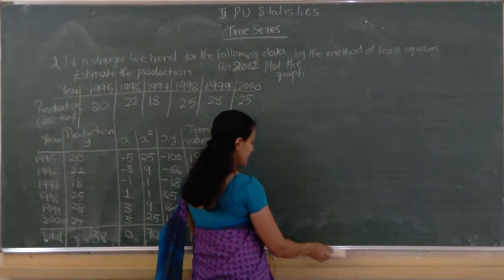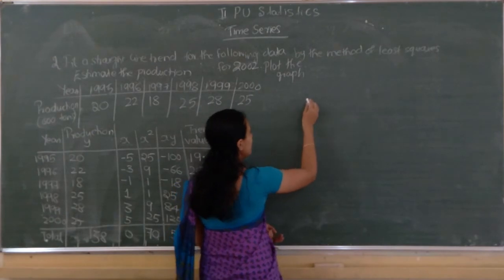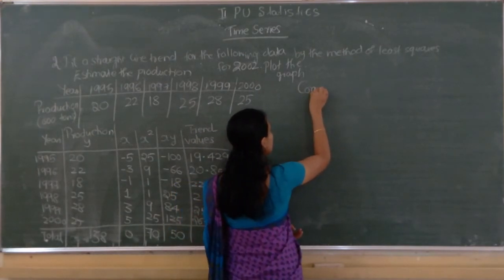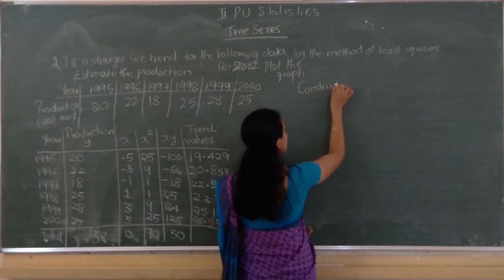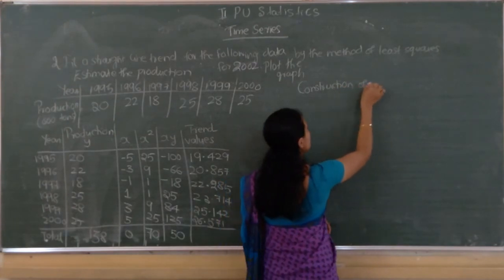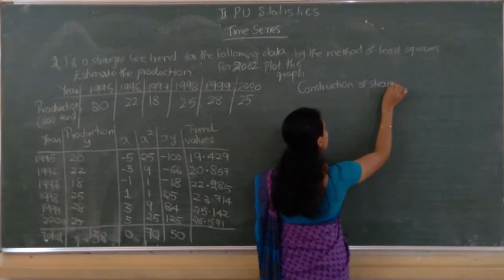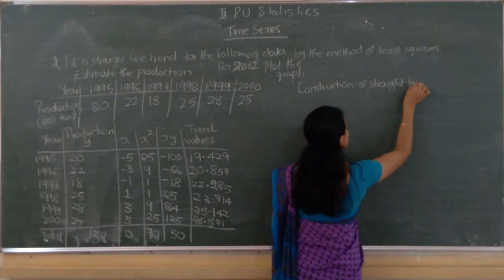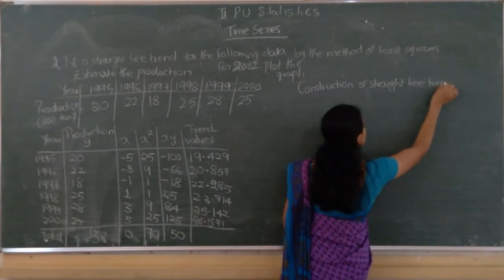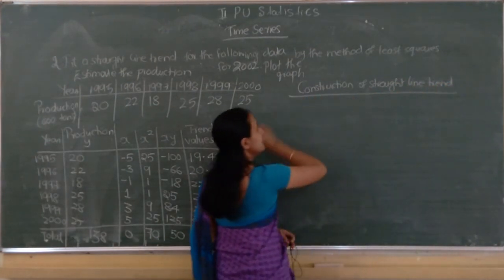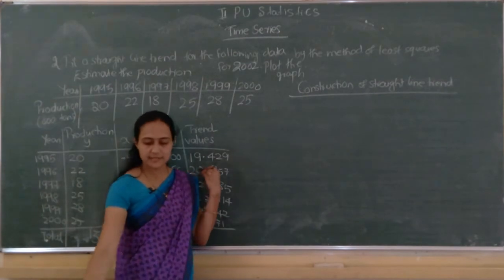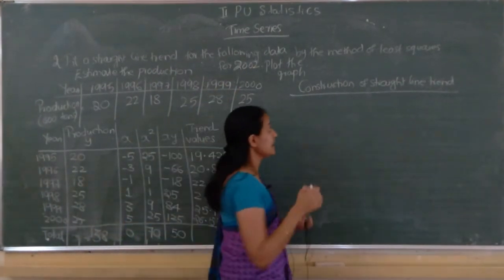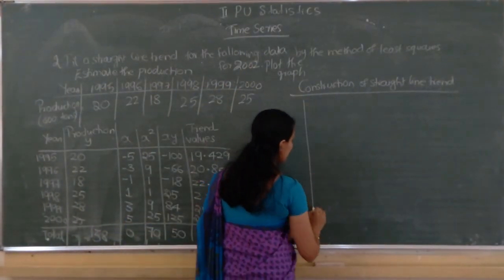Okay, here is graph construction. First, every graph must have a title: construction of a straight line trend. Next, mark the x axis and y axis.